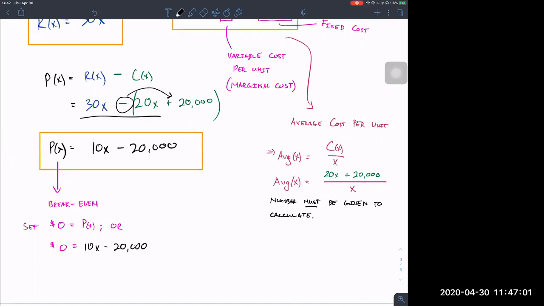And then you have to, 1, solve for x, and 2, round up to the nearest whole number if necessary.